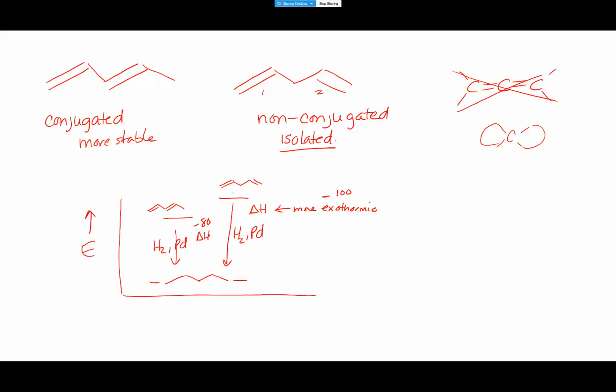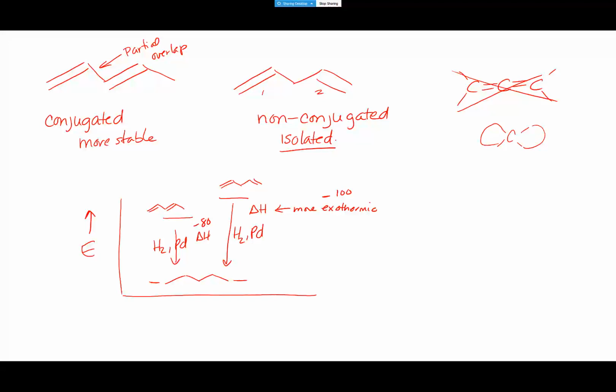And the reason for this is because there's a partial overlap in that single bond between the two double bonds.